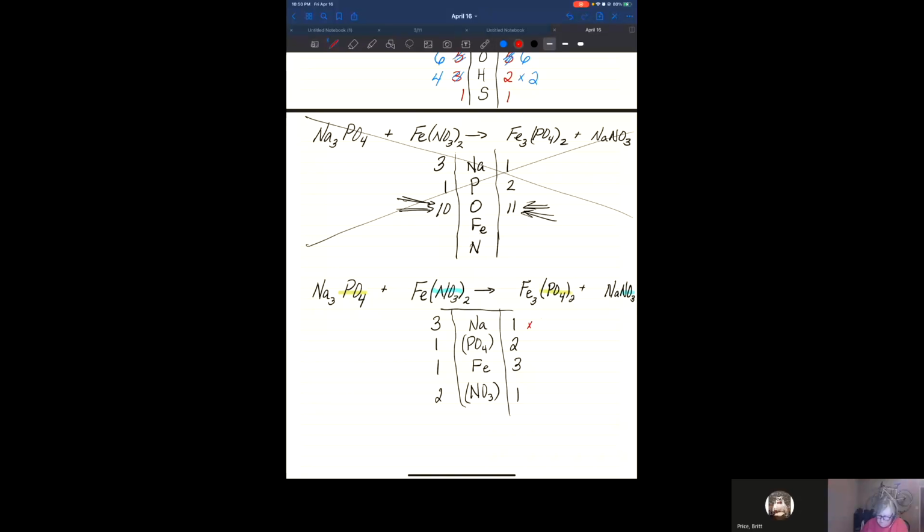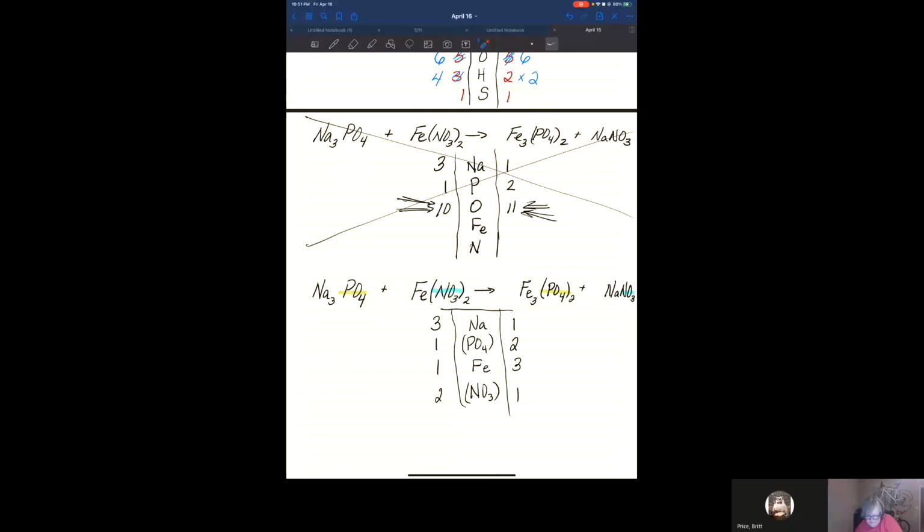Well, since this is first, let's try doing that. Nah, I don't like how that looks. What's the one with the biggest subscripts? Fe3(PO4)2? This one right here.